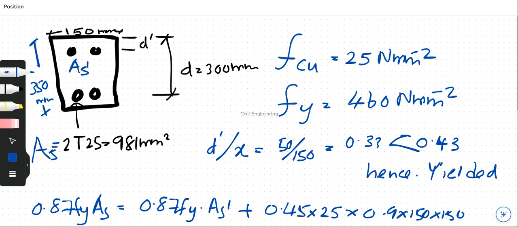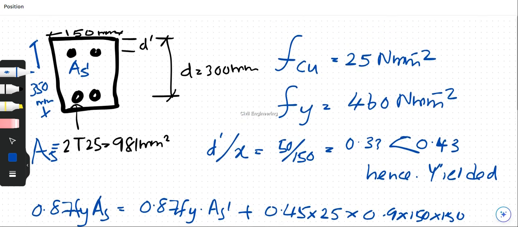We take the compressive strength of the concrete as 25 and the strength of the steel as 460 Newton per square millimeter. As we know, the reinforcement in the bottom is two T25 bars.